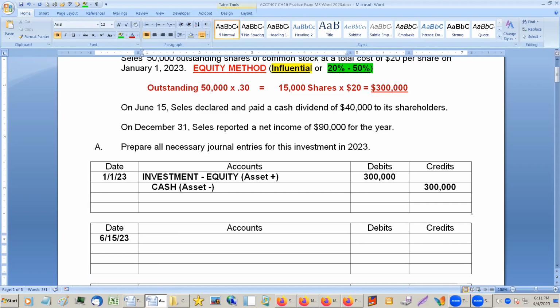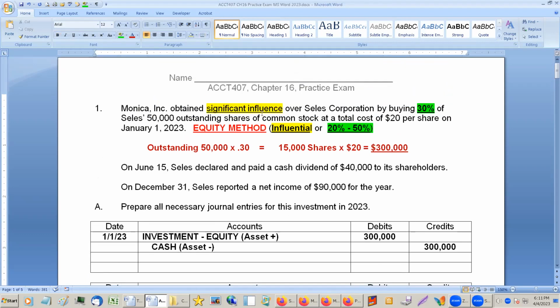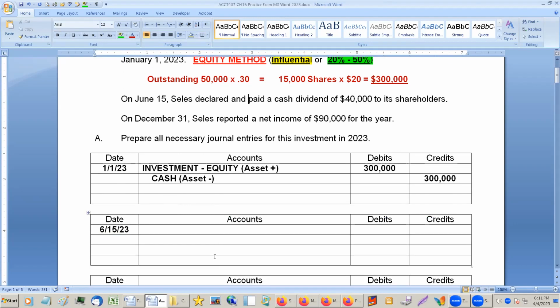Okay, so those declared and paid a cash dividend of $40,000 to its shareholders. Now, we don't get all of that. We get 30% of it. I'll put that down here. So 40,000, we get 30% of it.